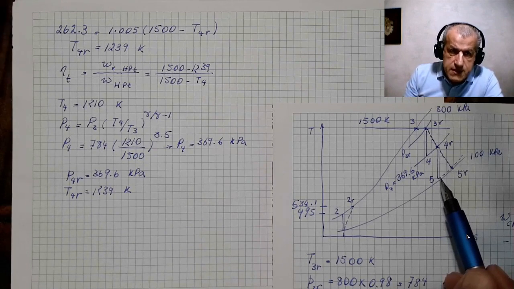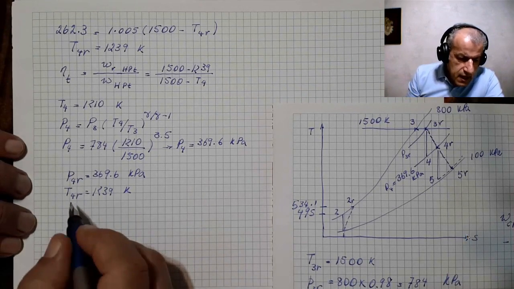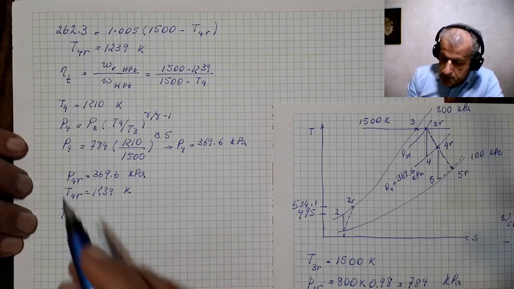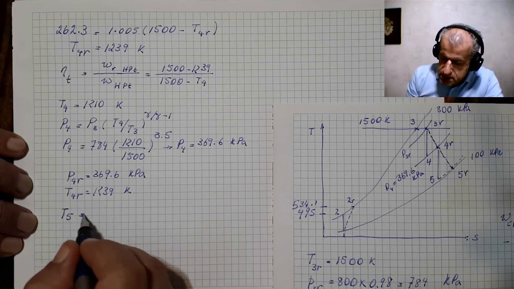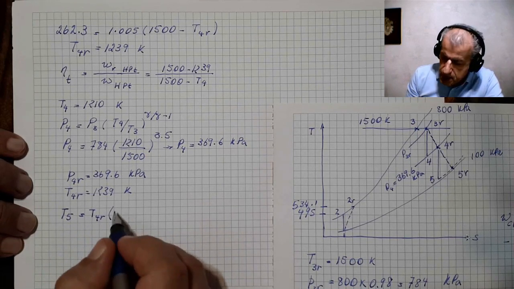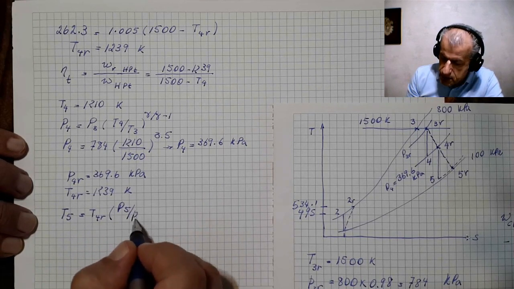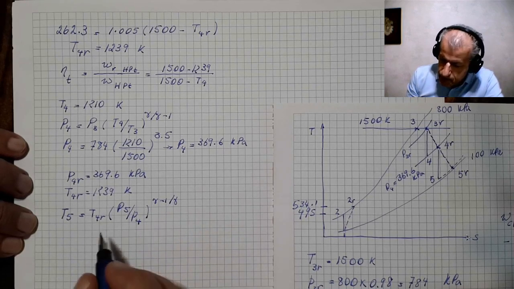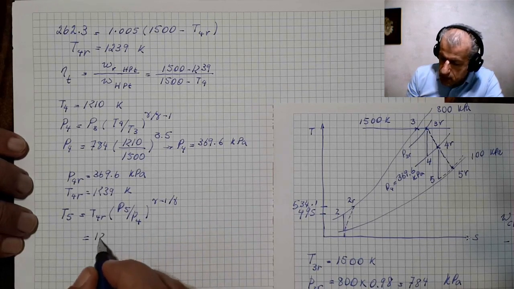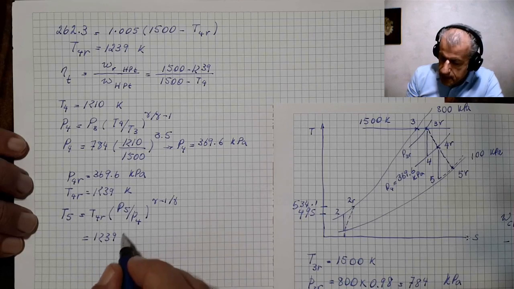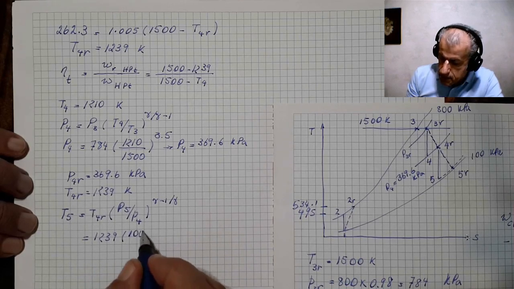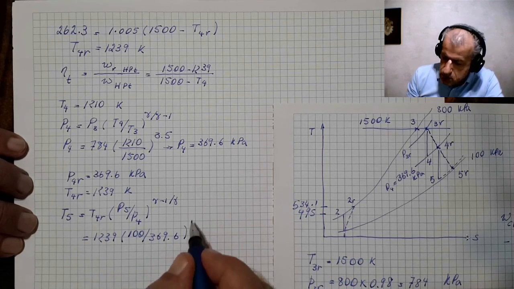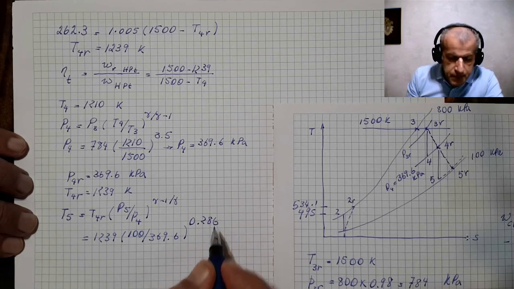But let's ignore that for the time being, and therefore T5 for this isentropic process equals T4R times P5 over P4 to the power gamma minus 1 over gamma, and that equals 1239 times 100 divided by 369.6 to the power 0.286.